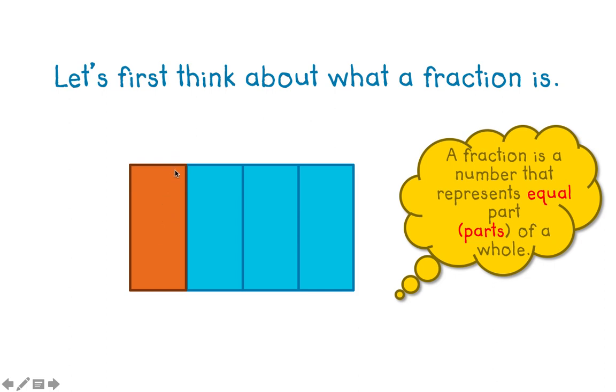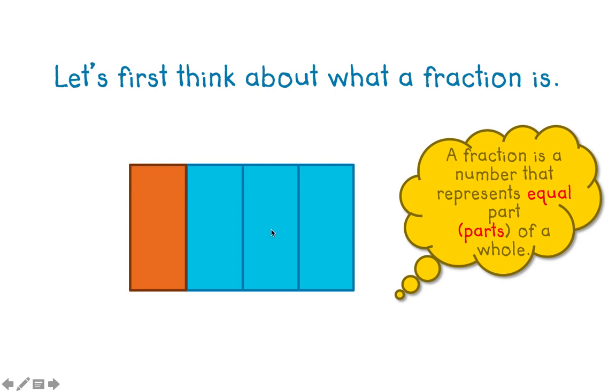Sometimes I have one part and sometimes I have more than one part shaded. In this example, only one part is shaded. Can you see? This part is shaded in orange. So this represents a fraction. A fraction is a number that represents equal parts from the whole shape.